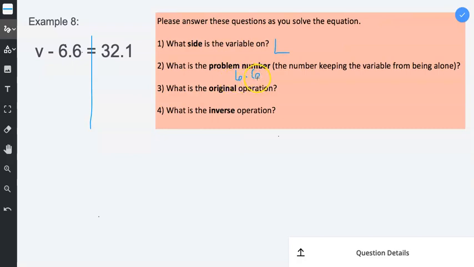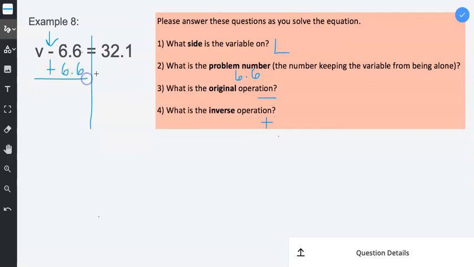That's the number I'm trying to get rid of. What is the original operation? Well, if I look on the left side of the 6.6, I'm subtracting. And so I'm going to put subtraction here, which makes the inverse operation addition, and I know that I'm going to add 6.6 to both sides.